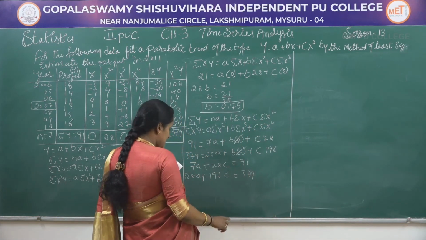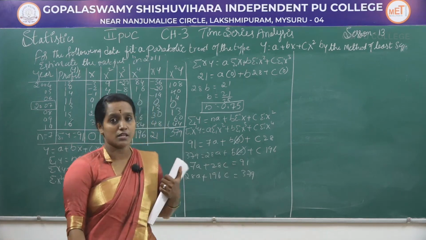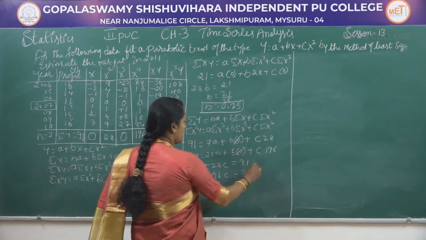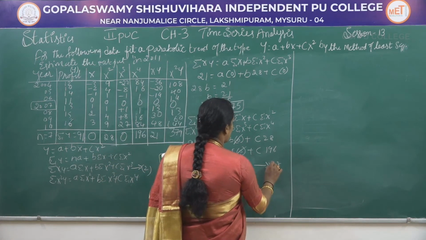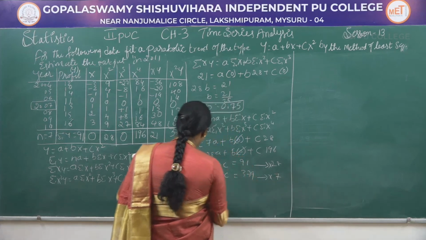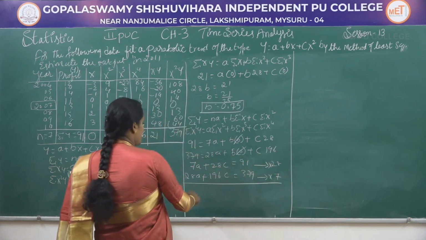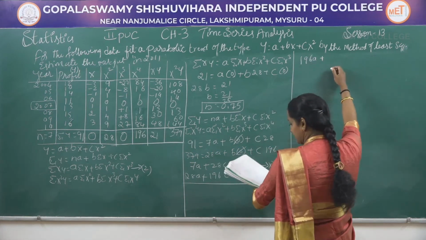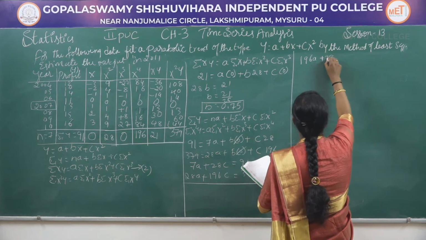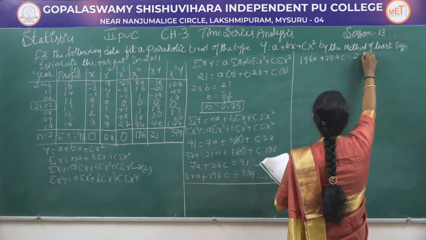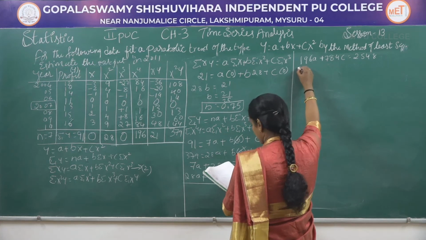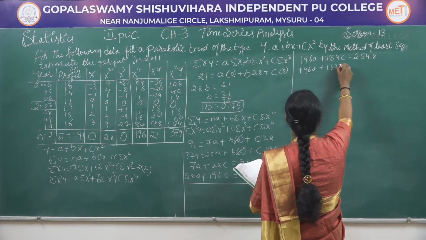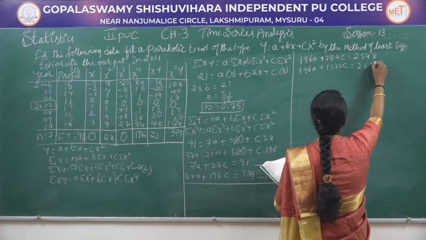So you have to solve these two equations simultaneously. To solve this simultaneously, multiply this by 28 and this by 7. So if I multiply these two equations, this is 196a plus 784c is equal to 2548 and next is 196a plus 1372c is equal to 2653.